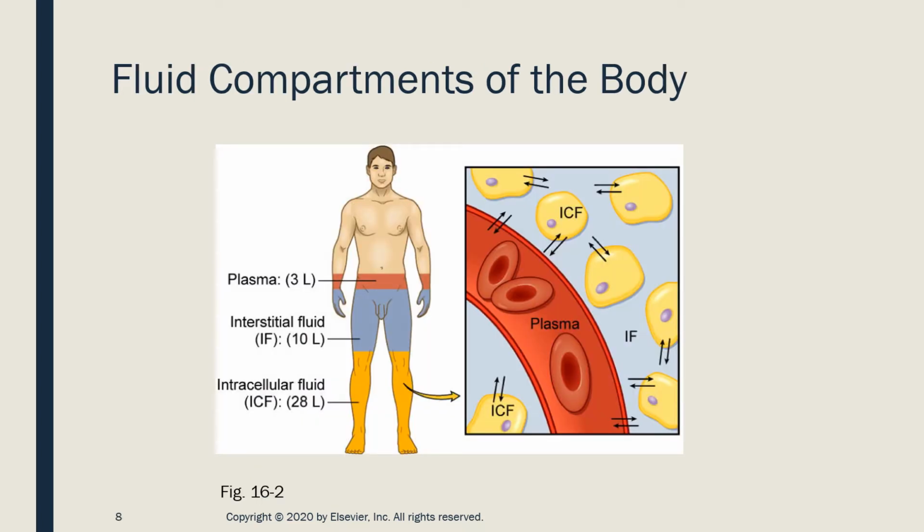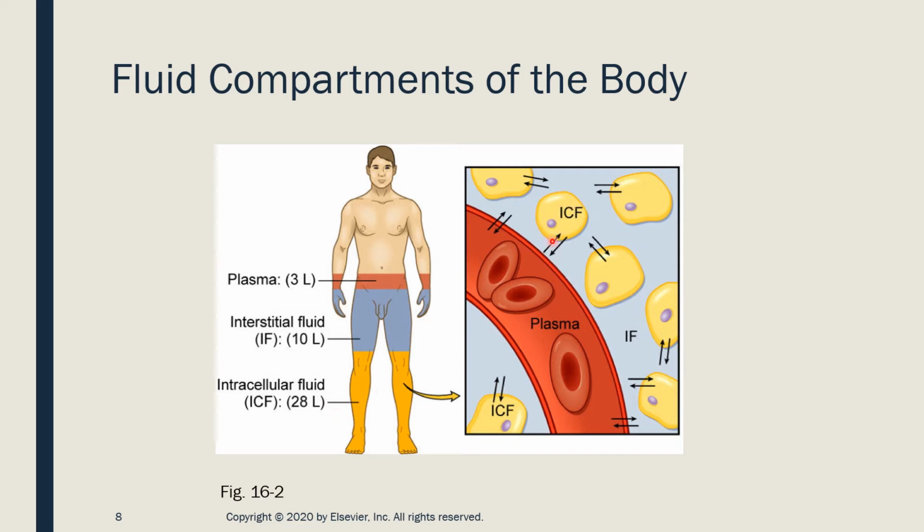And when it comes to fluid compartments of the body, and you guys learned this way back in pathophysiology, there's about 3 liters of plasma. This is the plasma. Interstitial fluid is about 10 liters, and intracellular would be 28 liters.